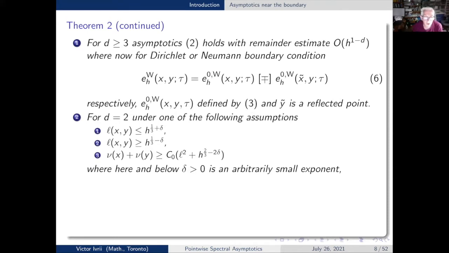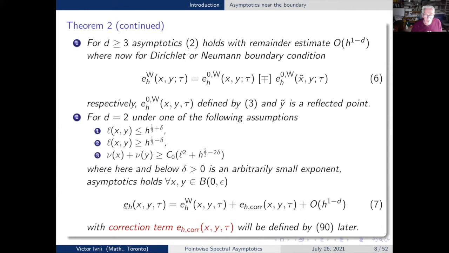And for d greater than or equal to 2, under one of the following assumptions, namely, the distance is less than h to the power 1/3 plus delta, or it is greater than this, or the following inequality holds, this asymptotics would hold with a correction term, which will be defined much, much later.